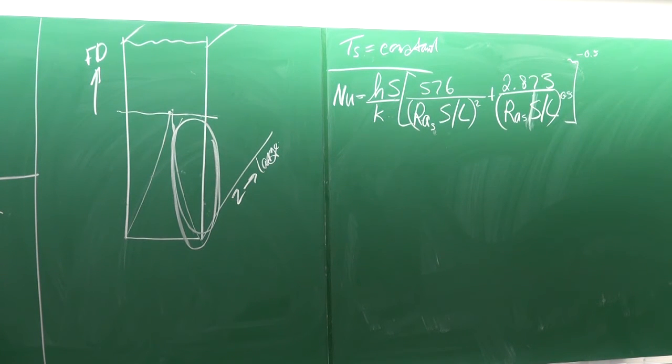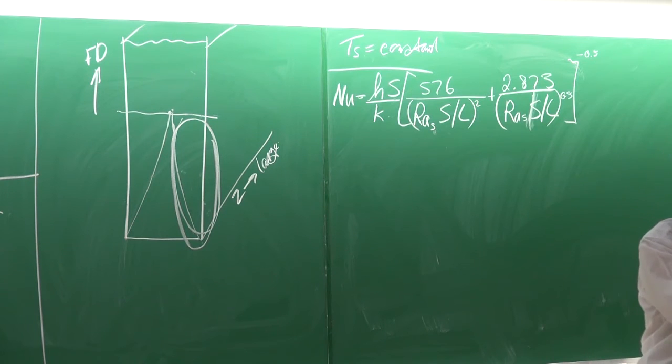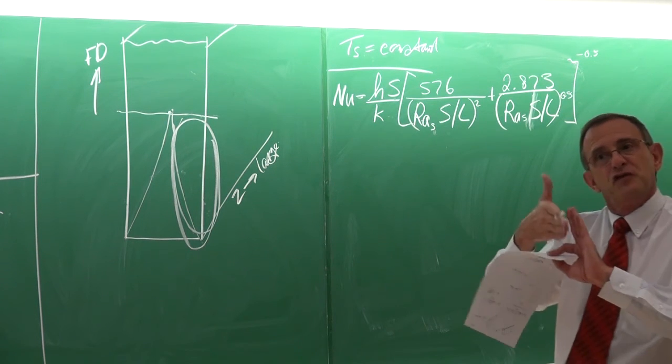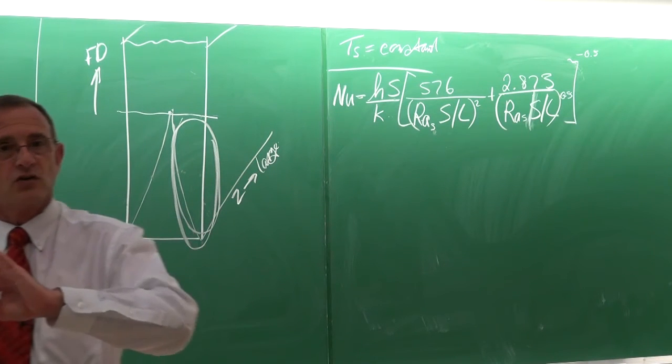Now what is the problem when you design these types of equipment? The challenge is to get the optimum spacing between the fins. Because the more fins you put in, the more surface area you get, and the more surface area you get, the more heat transfer you can get.